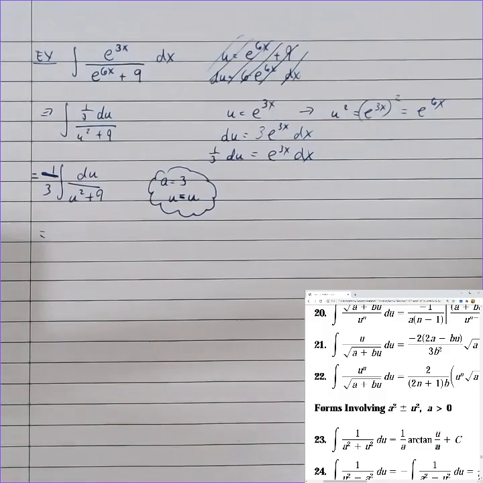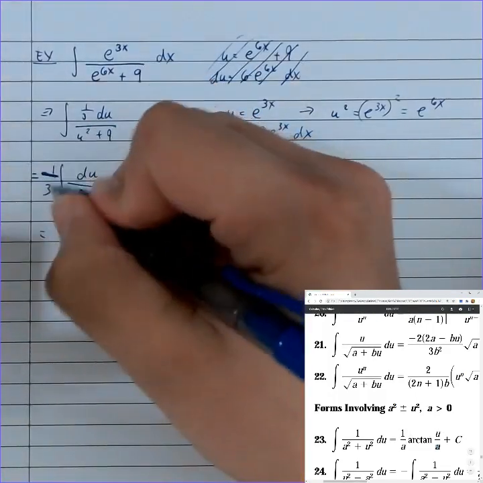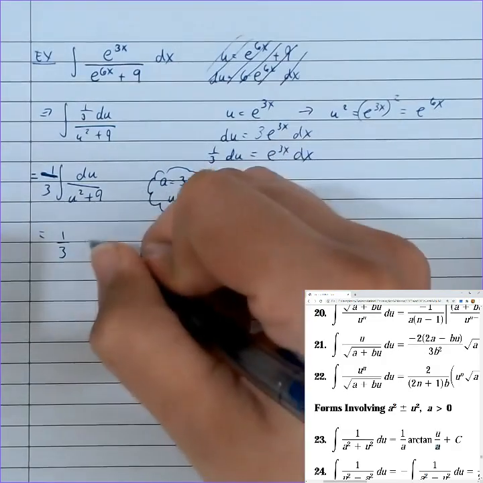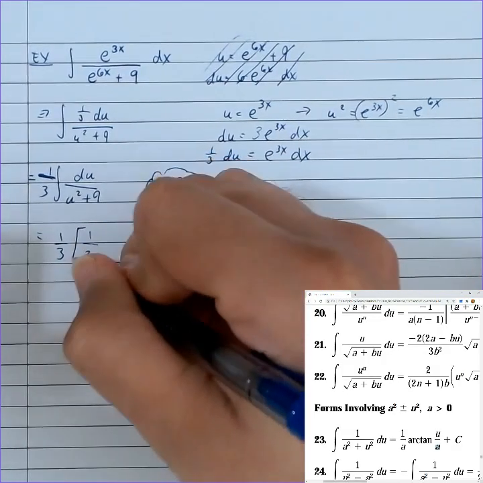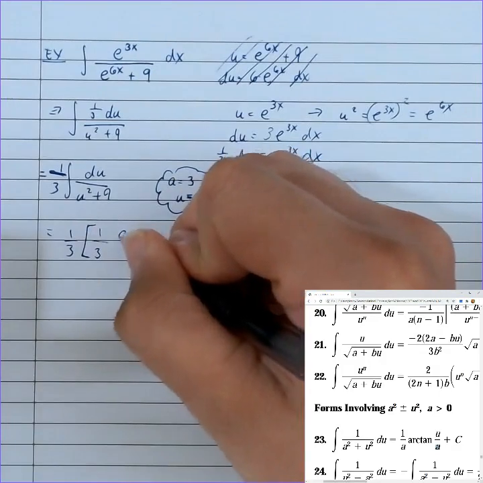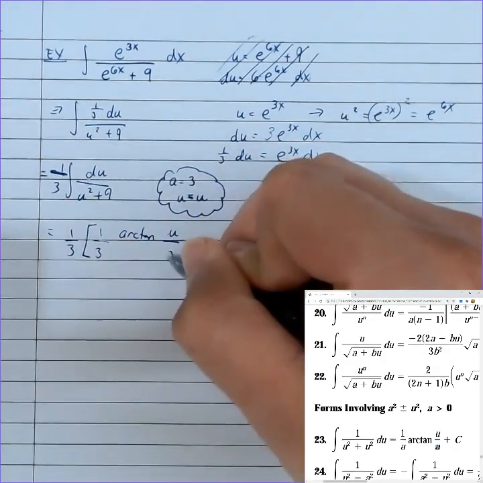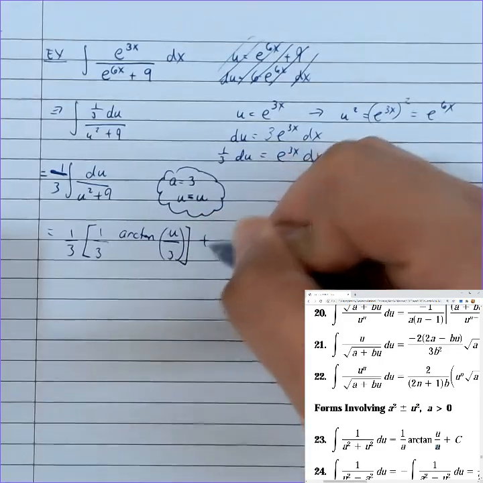And so here, using this form, I have 1 over a, arctangent of u over a, plus a constant of integration. Don't forget that extra 1/3 is just multiplied in. So that's going to be 1 over a times the arctangent of u over a, plus my constant of integration.